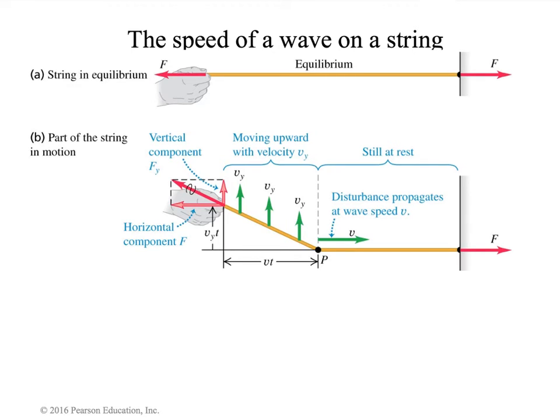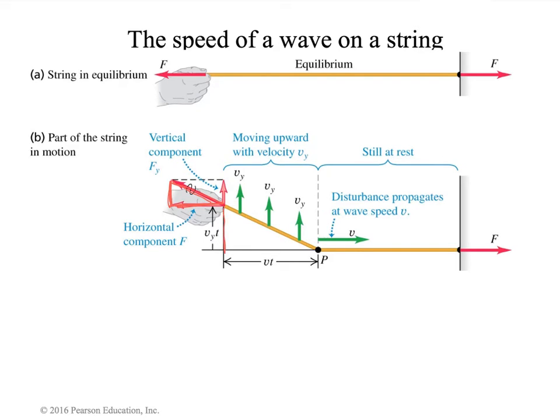All right, so what we want to do is figure out how to include the velocity of the wave, the speed that point P is moving with. And so what we're going to do is look at two triangles in this picture. We have the triangle here that deals with the vertical force and the horizontal force applied to the string.